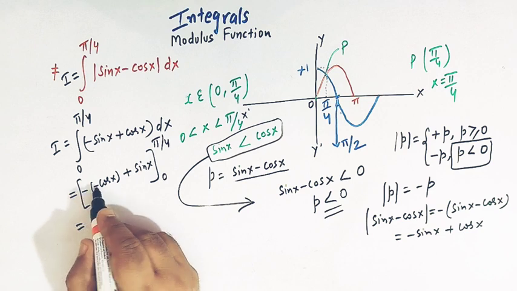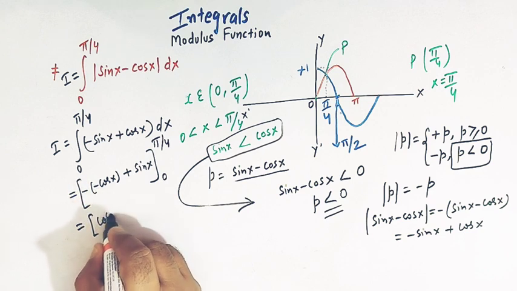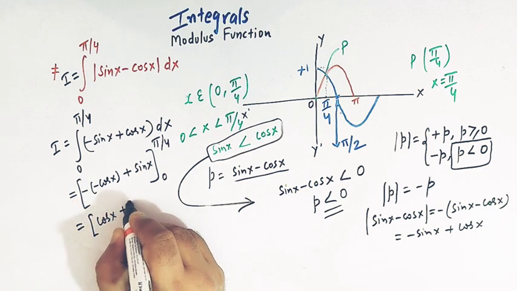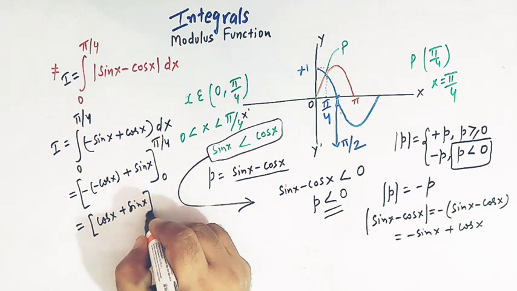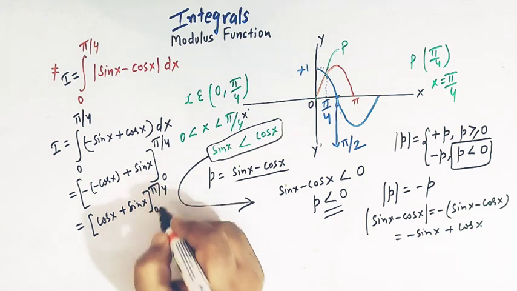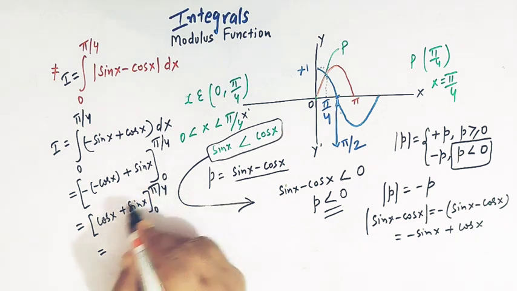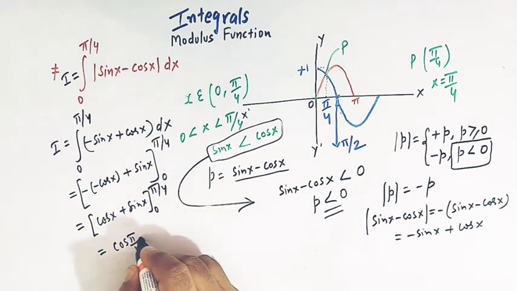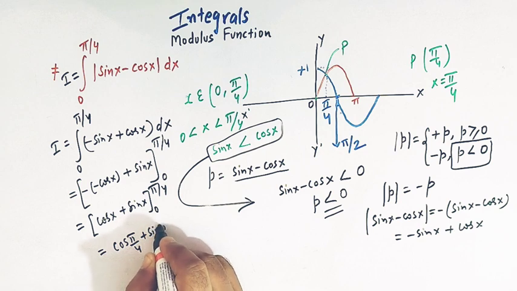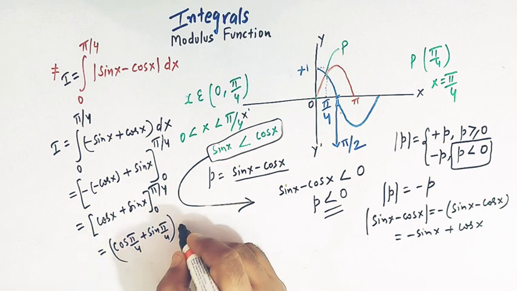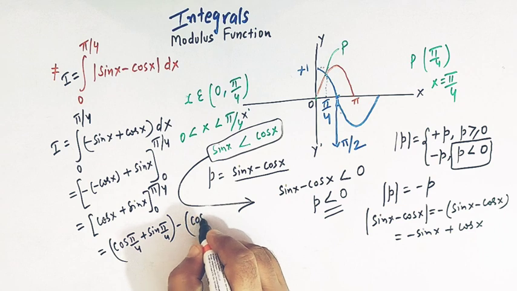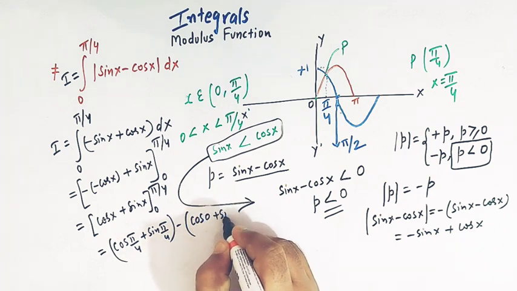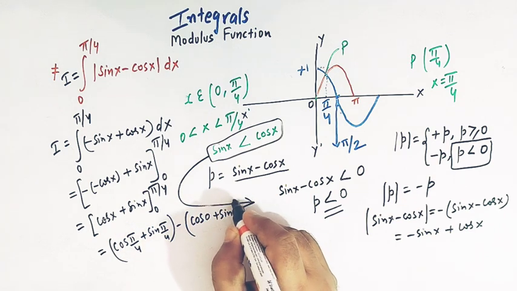So this is minus minus plus, so we have cos x plus sine x, from 0 to pi by 4. Now substituting the limits and taking the difference, we have cos pi by 4 plus sine pi by 4, and then minus cos of 0 plus sine of 0.